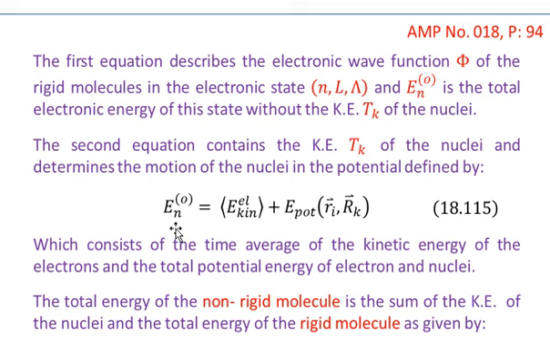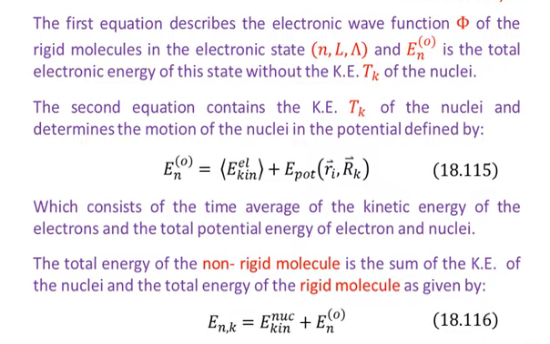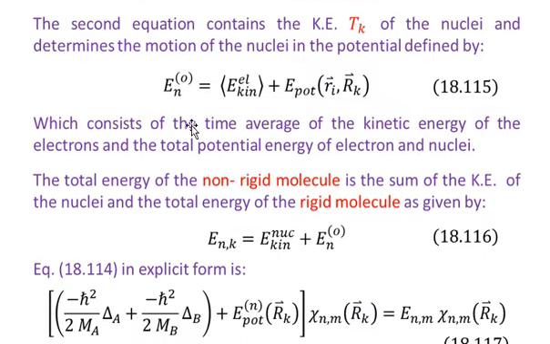This is the full representation of En of 0, the total electronic energy, composed of the average kinetic energy of the electrons plus the potential energy of the system. This consists of the time average of the kinetic energy of the electrons and the total potential energy of the electrons and nuclei. That's why I have said that this is the potential energy of the system, which means the potential energy containing electrons and nuclei.